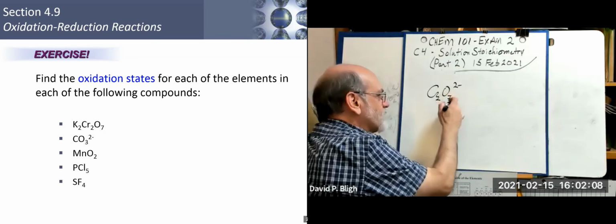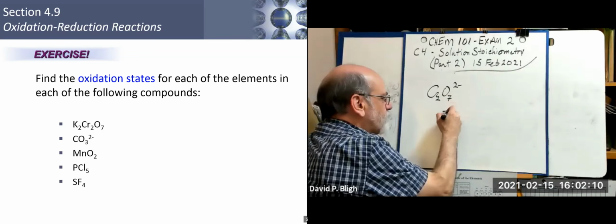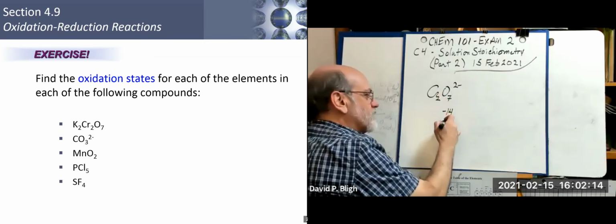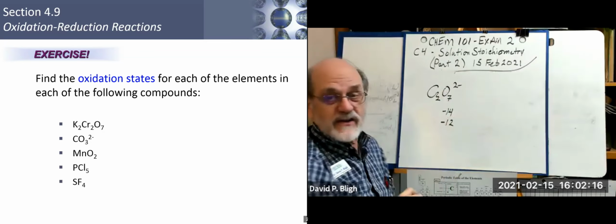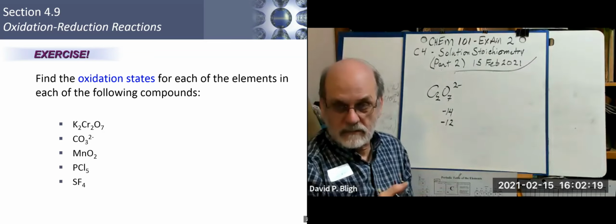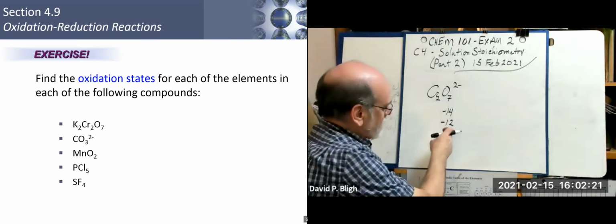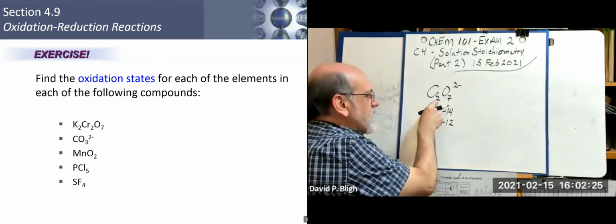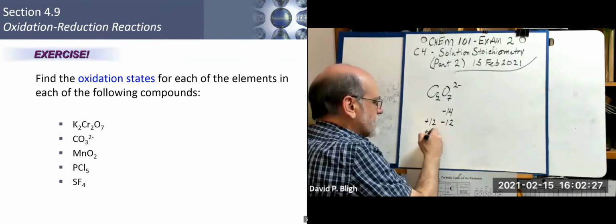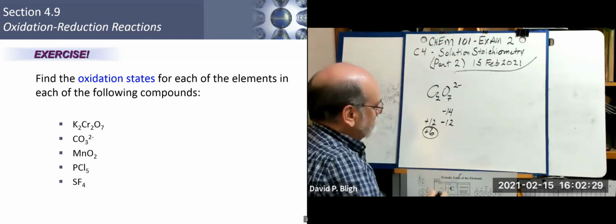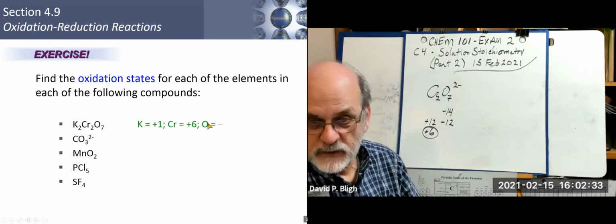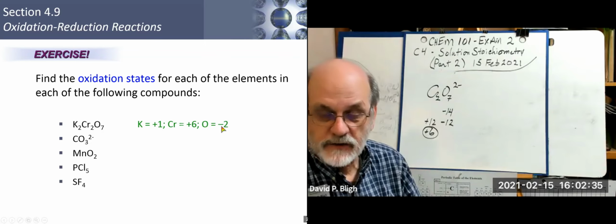Oxygen is a -2, so that's -14 total. But you need to reserve 2 of them. So -12 is all you have to neutralize. So you've got 2 of these that need to be a +12. So each one of them has to be a +6. So that's why potassium +1, chromium +6, and oxygen -2.